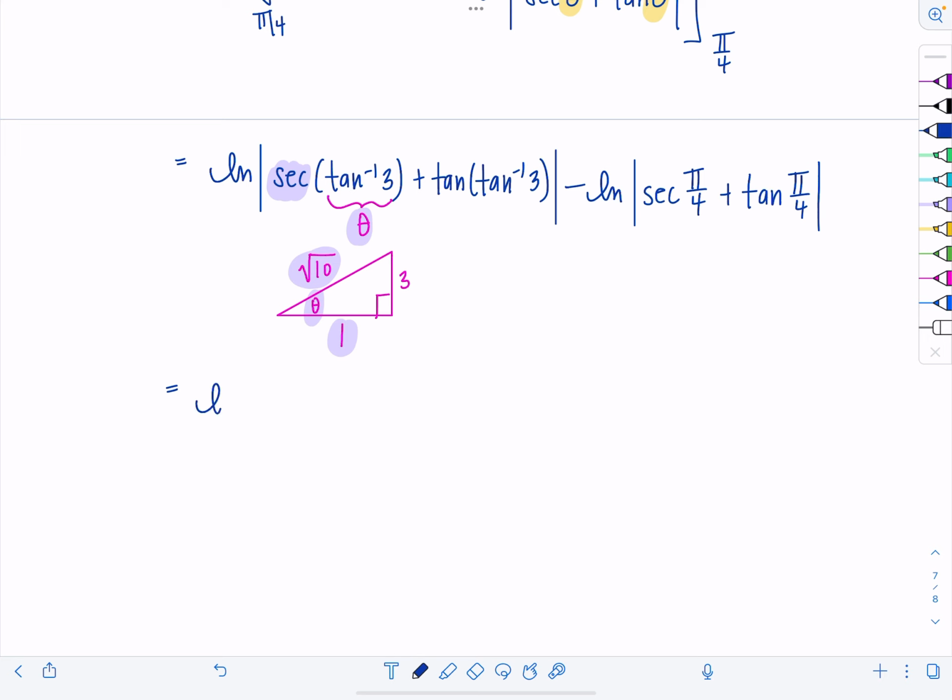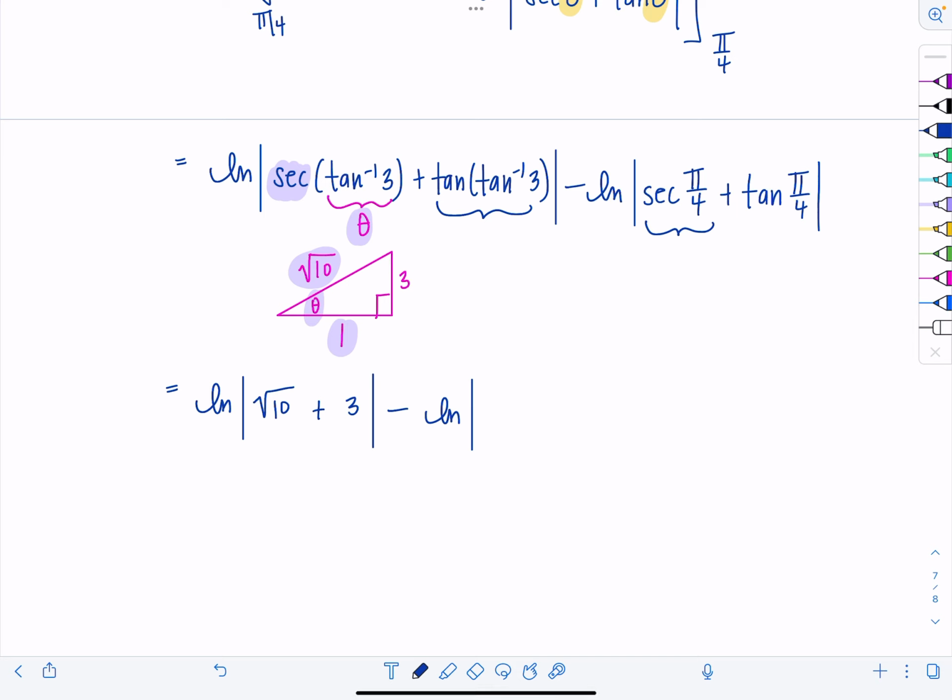So this is ln, absolute value, secant of theta would be rad 10 plus, you don't need a triangle for this one, tangent of tan inverse of 3 is just going to be 3, minus ln, absolute value, secant of pi over 4.